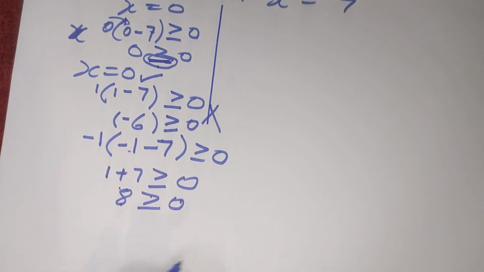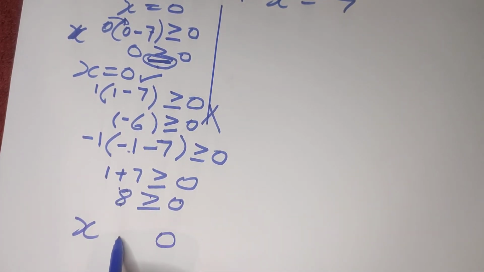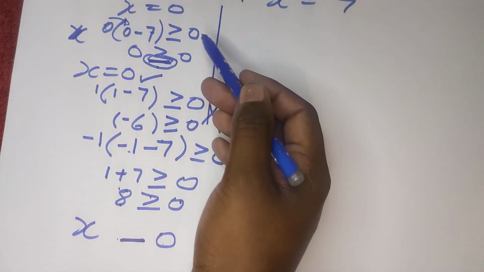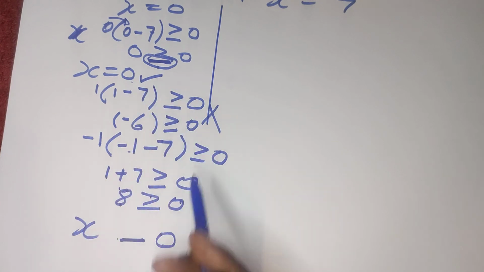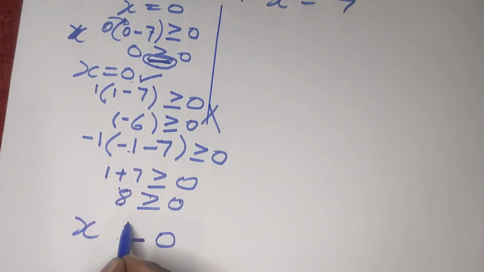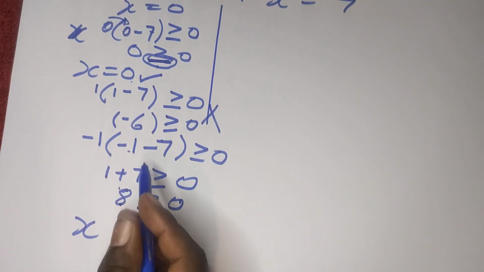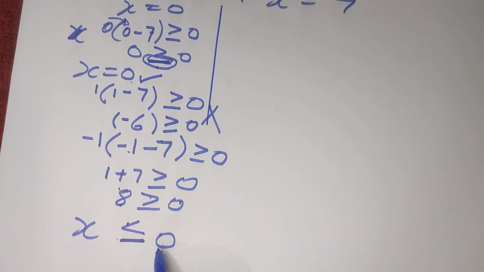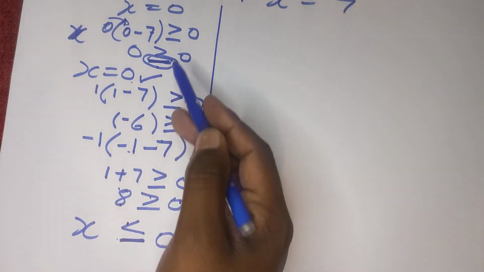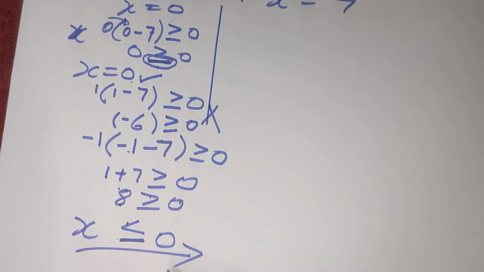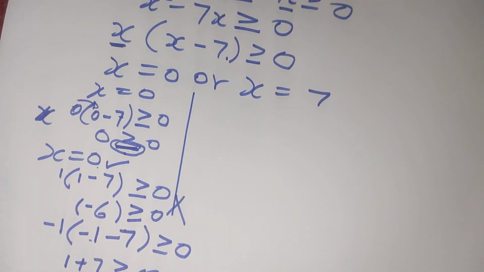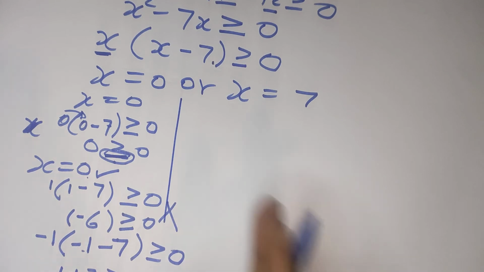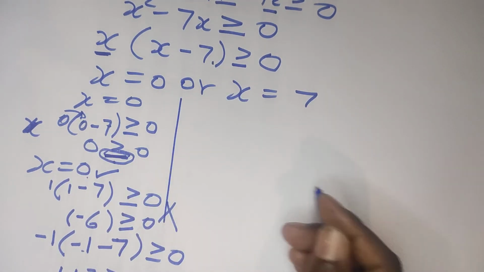So our final conclusion is x must be equal to 0, which satisfies the equation as we have seen, and x must also be less than 0 so that it satisfies the equation. So this is your first solution. It's going to be a bit long since this sum is worth 5 marks.